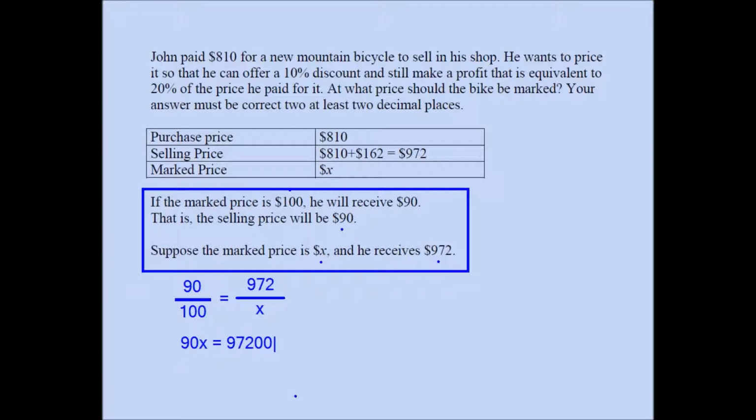We are going to divide both sides by 90, and that gives me x is equal to 97,200 divided by 90. We'll find out momentarily, and I will use my calculator, and I'm not ashamed of it.